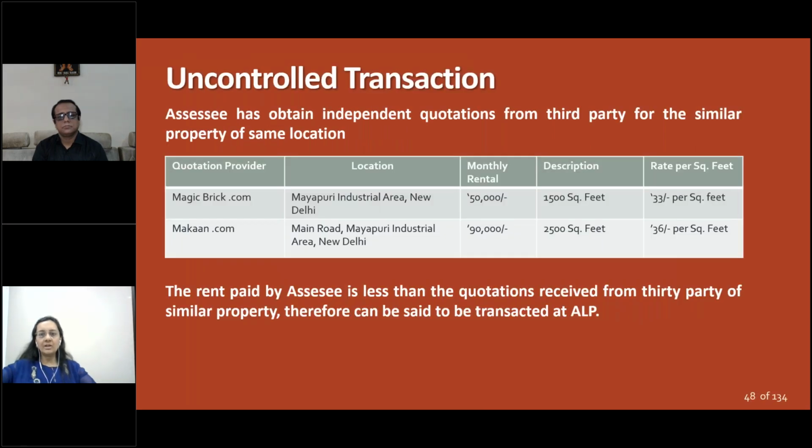In this case, if it went to Magicbricks or to Makaan.com and it found similar prices for similar areas, showing 33 rupees per square feet or 36 rupees per square feet, and since the price of the AE is less than the price here, because this is in a domestic scenario, which is on the cost side, if the price paid is lower than the price that would have been paid, the transaction is at arm's length price.